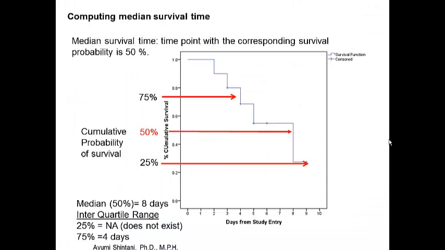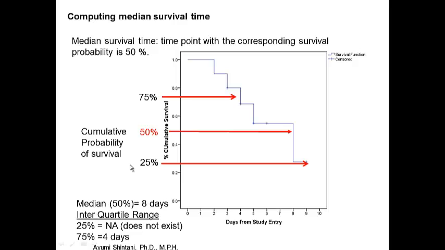The Kaplan-Meier curve provides several estimates. One is the median time to event. The median survival time is computed as the time which corresponds to 50% cumulative survival probability. If you draw a horizontal line from 50% on the y-axis to the Kaplan-Meier curve, and where it crosses you go down vertically, you can find the median time of survival.